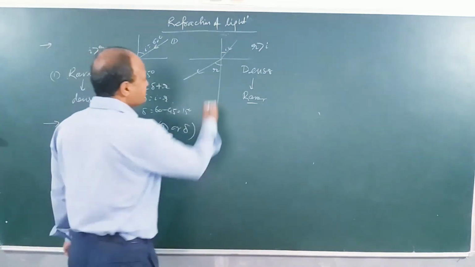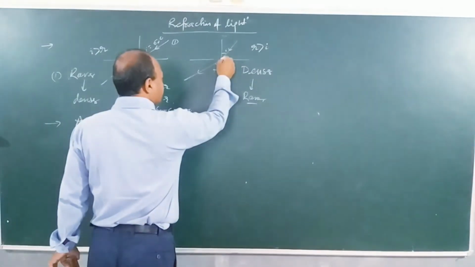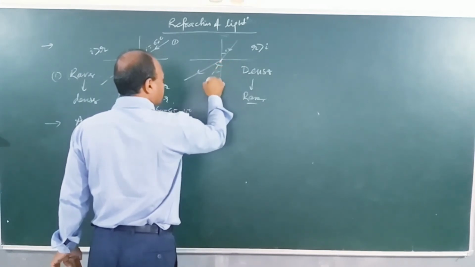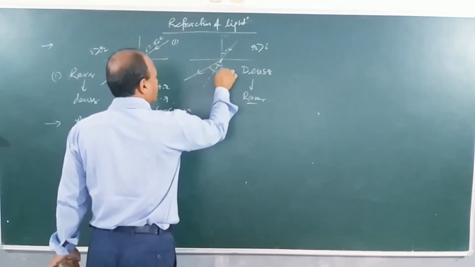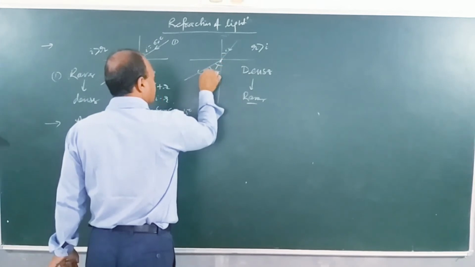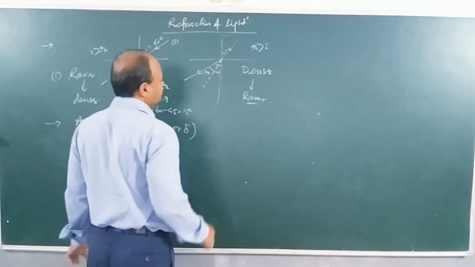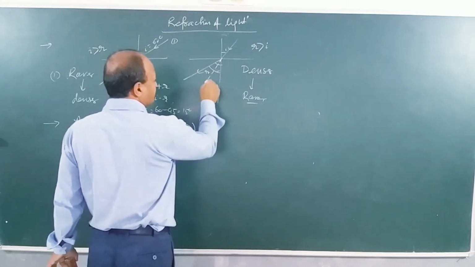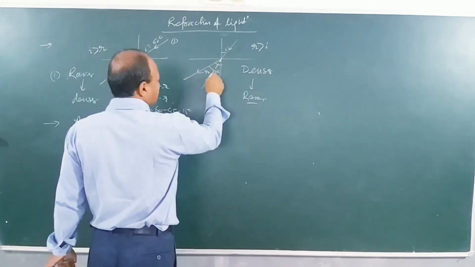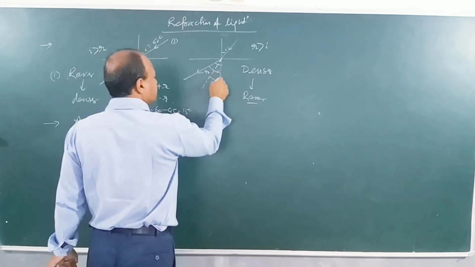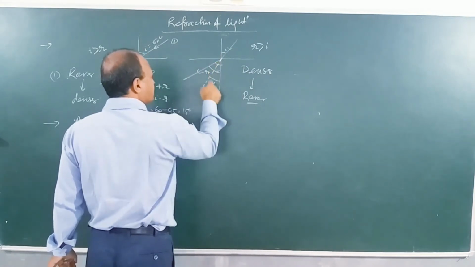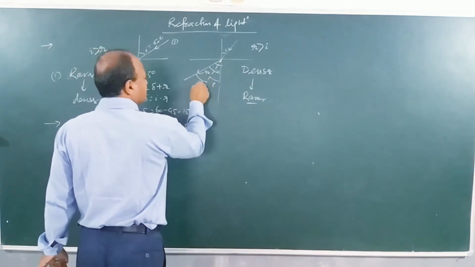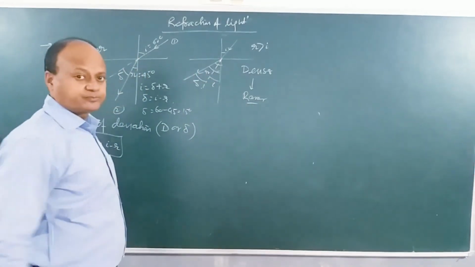In this case, you can see the ray was traveling like this. Right? And this is the angle of refraction. Now you can construct, this is i, so this is how much? i, vertically opposite angles. Now, this is the angle of deviation.